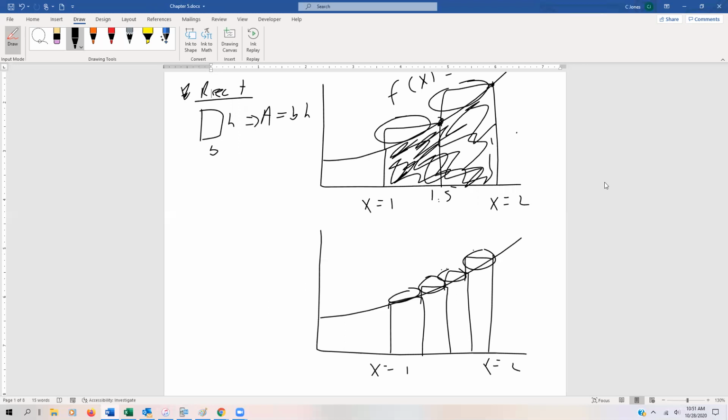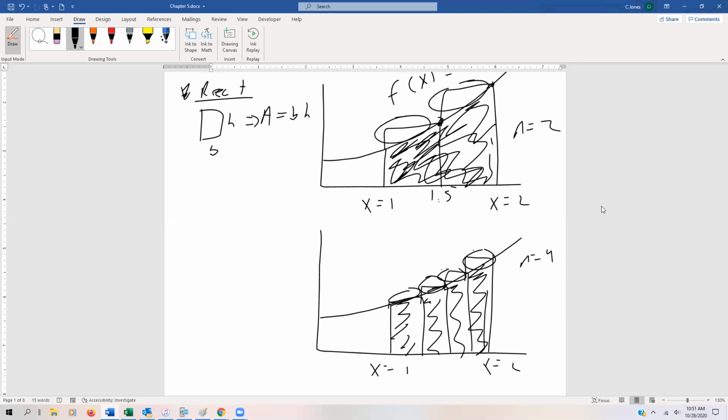So this would be n equals 2 rectangles or partitions. This would be n equals 4. And notice that these areas, the unshaded region, would be the amount of error. So there's less error.